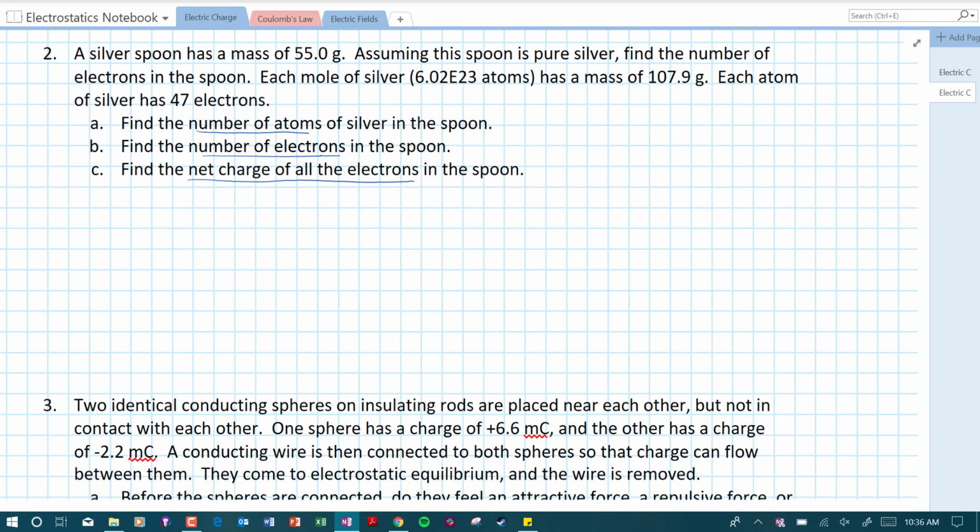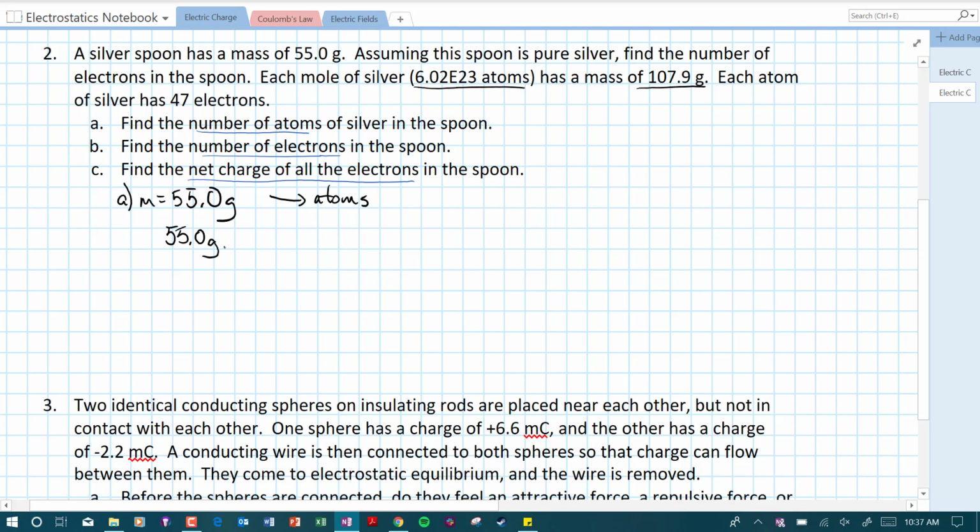So let's start with the number of atoms. We know that our silver spoon has a mass of 55.0 grams, and we want to convert that from grams into the number of atoms. But we have a conversion factor between grams and atoms: this many atoms is equal to this many grams. So all we need to do is multiply by the correct conversion factor.